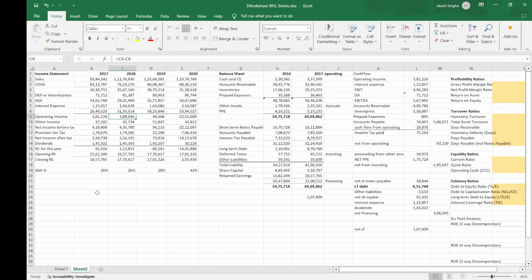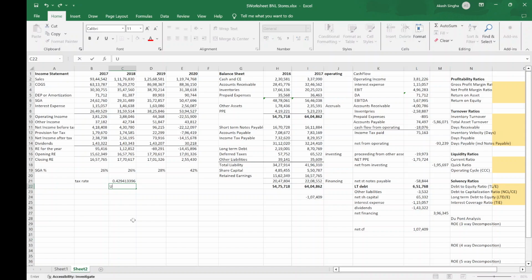calculate PAT plus effective cost of interest. So first, let's calculate the tax rate, which is provision for tax by net income before tax, right?